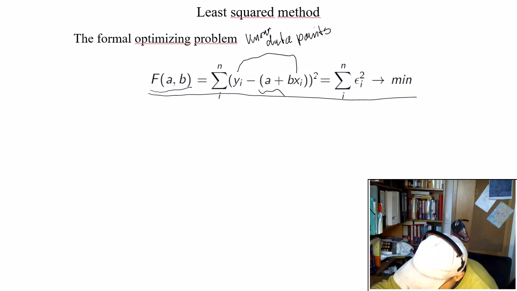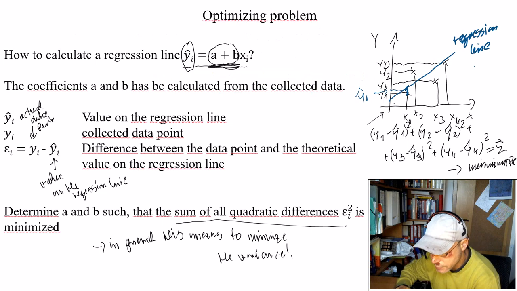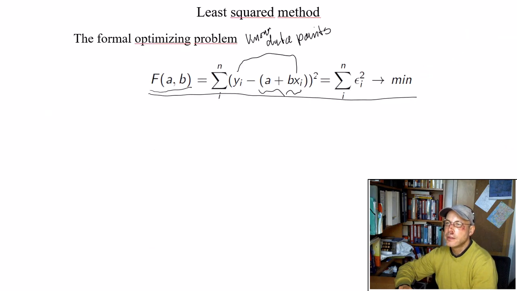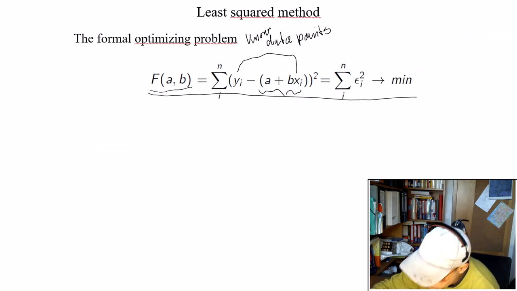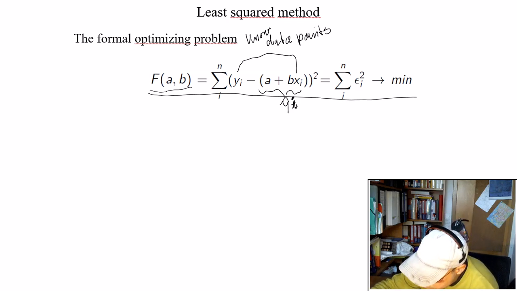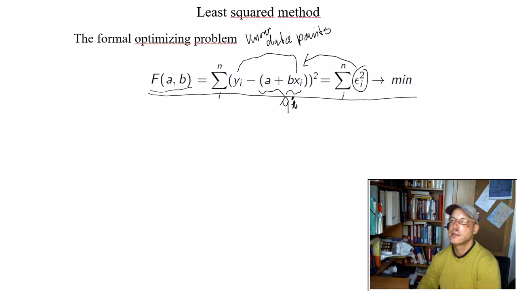This one here, as we have defined it here, are our y data points lying on the regression line. So this is just y i hat. So these are just our squared errors.